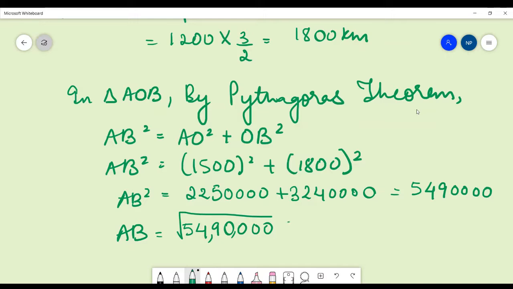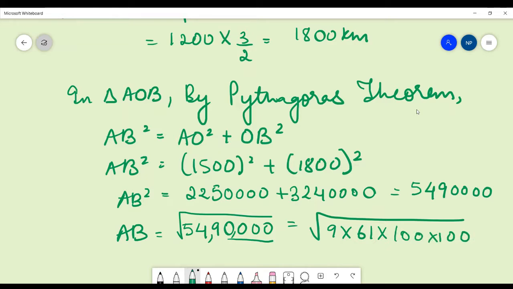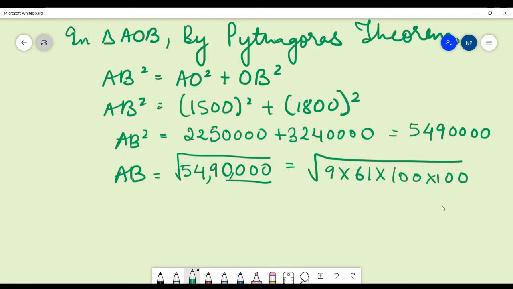All right. So this, by method of prime factorization, we can write as 9 multiplied by 61 multiplied by, now these four zeros, we can write as 100 into 100. Yes. So from here, what can we take out from the square root? AB is equals to, we can take out 3 from here, right? 61 will be as it is.